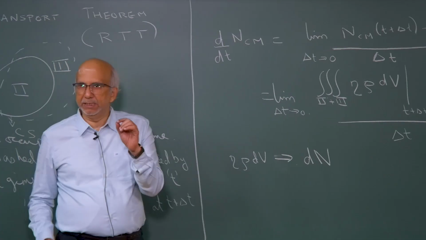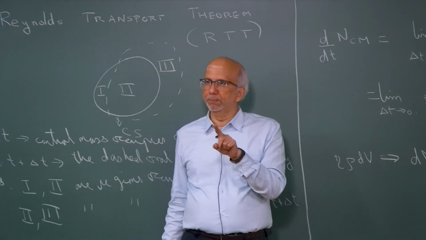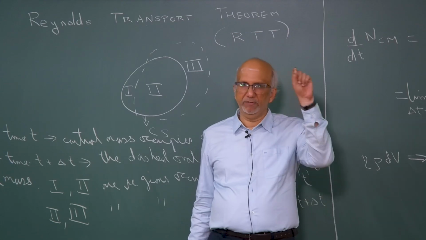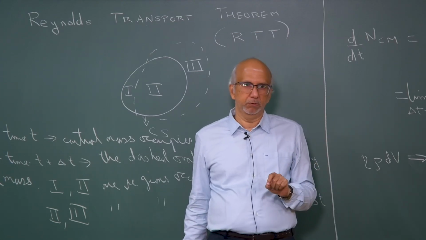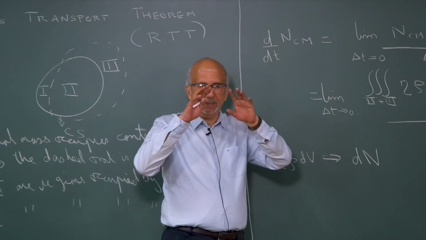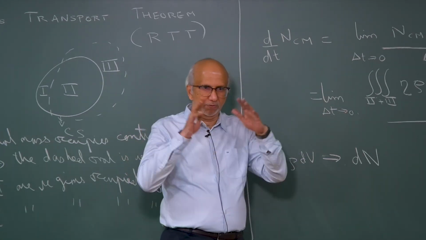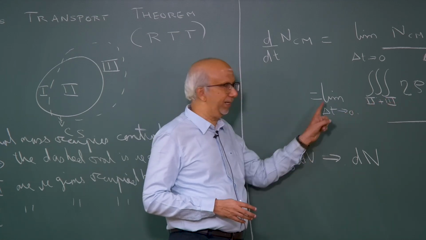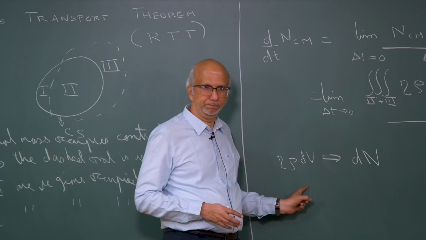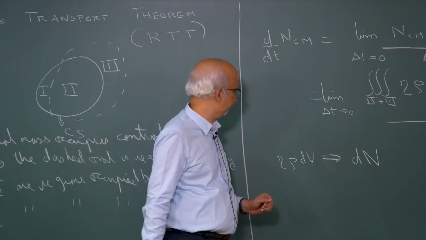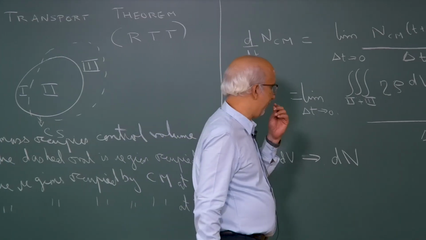So, it is possible that in the control volume, the density and the intensive property can vary from point to point. Okay. So, that is the reason we are not just taking an average value, but we are finding the property by integrating it over a small volume element. Okay.